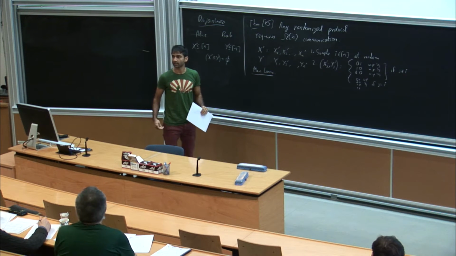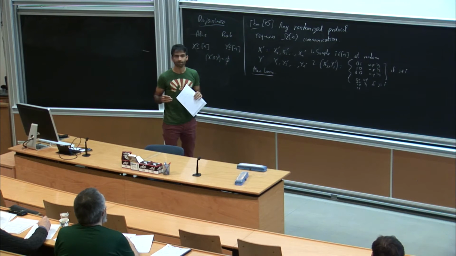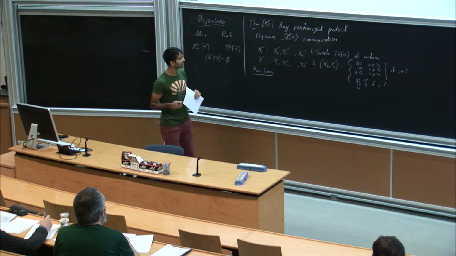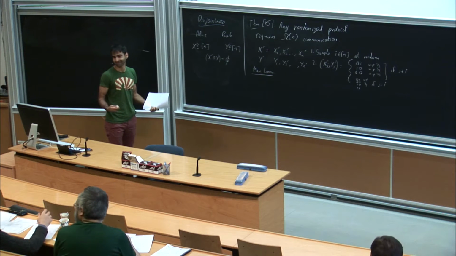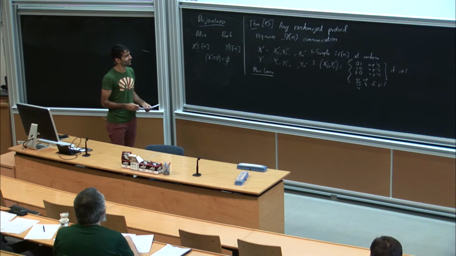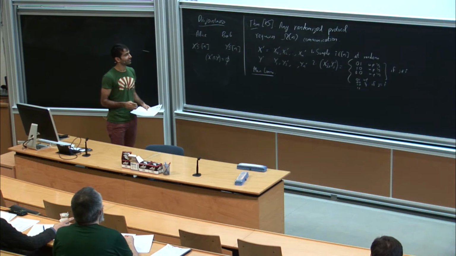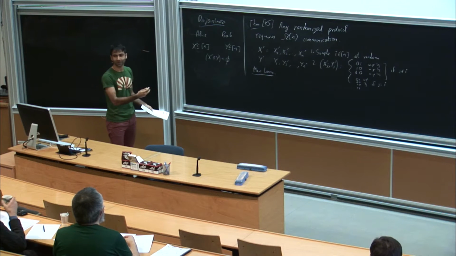Maybe the question is, why are you using x prime and y prime and not just x and y? Well, it's just because later I will use x and y for something else, and x and y will show up more often than x prime and y prime.